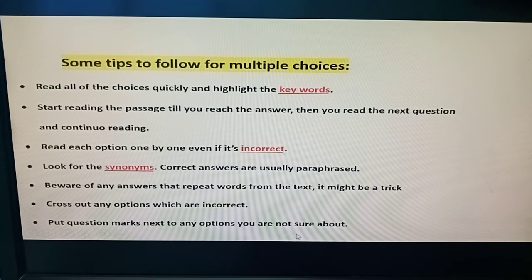If you're not sure about one, try not to think more about it or spend much time on it. Put a question mark next to it and move on. After that you can come back to it if you have extra time.